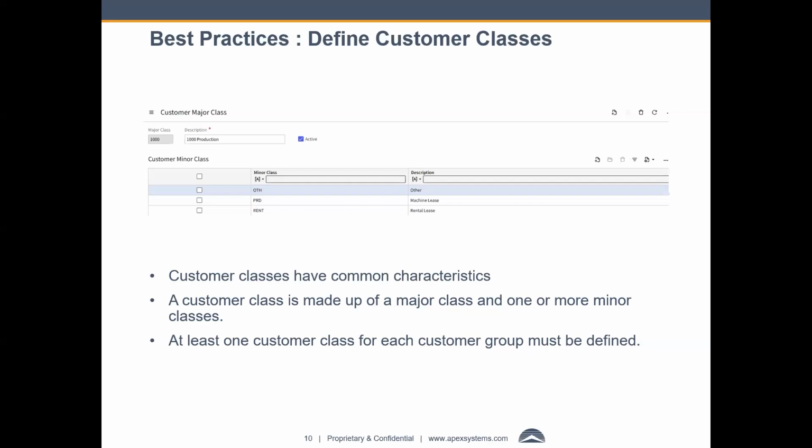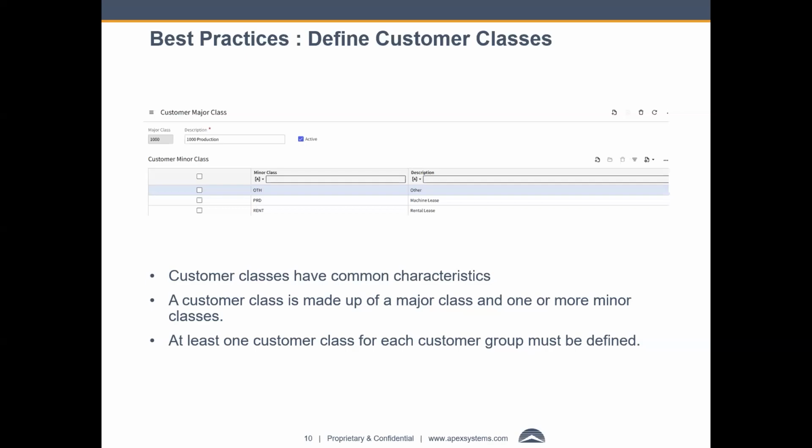and customer relationship management. Major classes act as a foundational grouping mechanism for areas like chart of accounts, customers, and vendors. They provide a high-level structure that helps define and organize data, ensuring consistency, simplifying workflows, and enhancing the system.